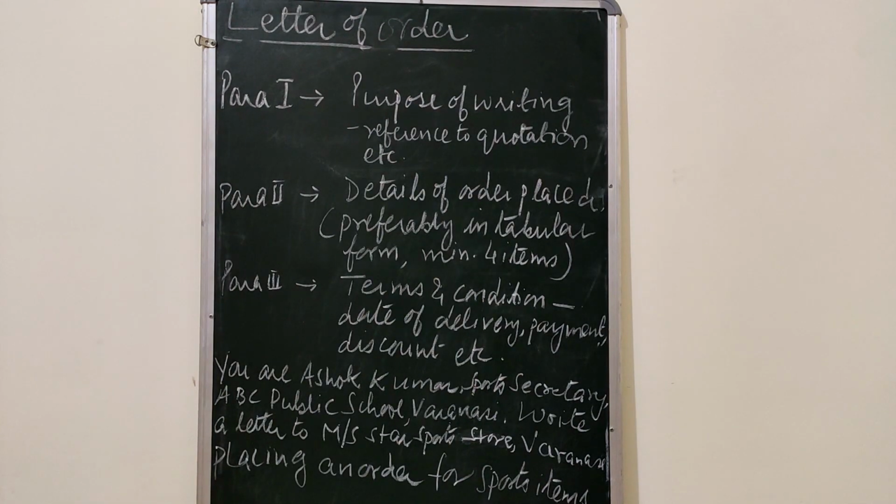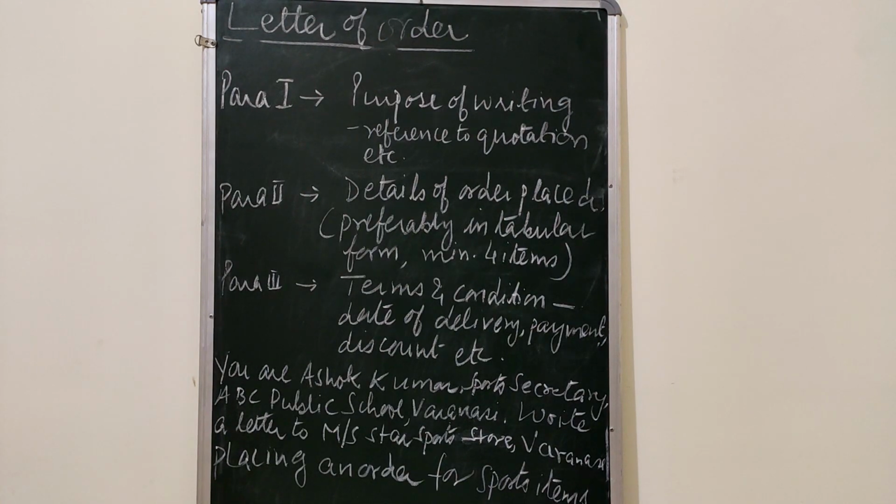In this letter, that is in letter of order, in para 3 we discuss the terms and conditions. Now what are these terms and conditions? That is date of delivery, payment, mode of payment, talking about specifications, packaging, items should be of the best standard, no substandard items, discount, etc. These are all the things that we discuss in para 3.